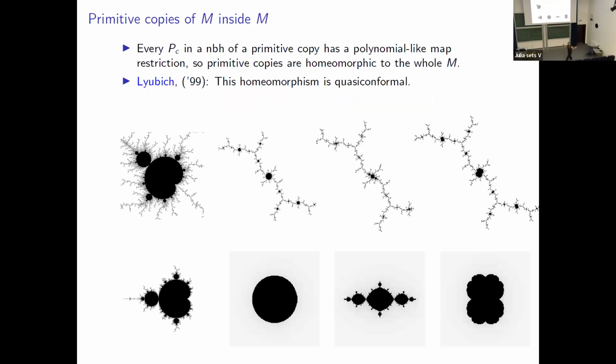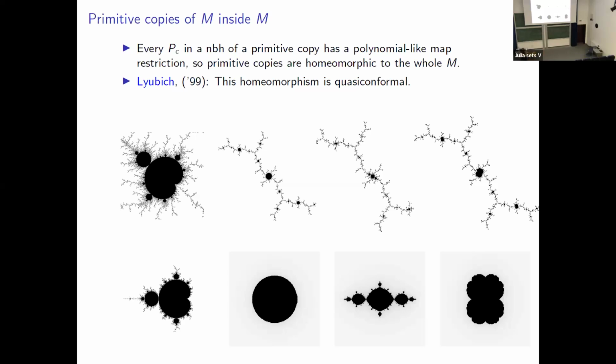So why do we see copies of the Mandelbrot set inside the Mandelbrot set? Well, if you remember, this parameter gave us this filled Julia set, which had a degree 2 polynomial-like restriction here. And this is hybrid equivalent to this one.